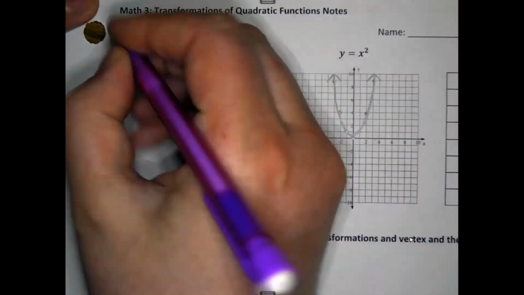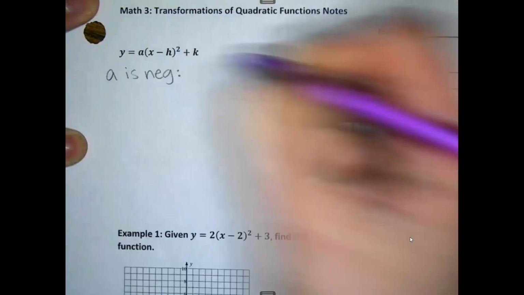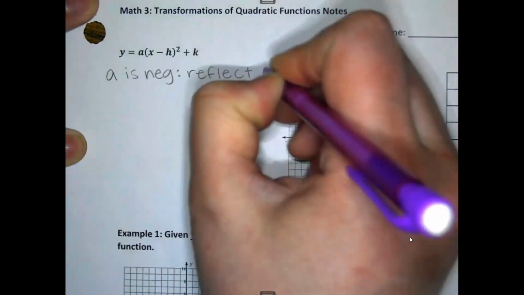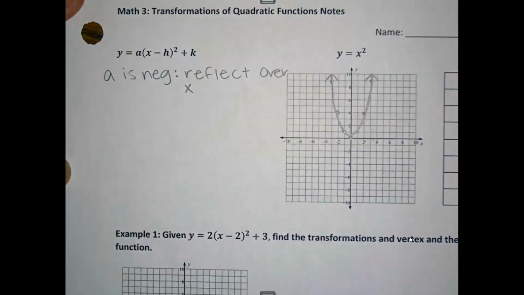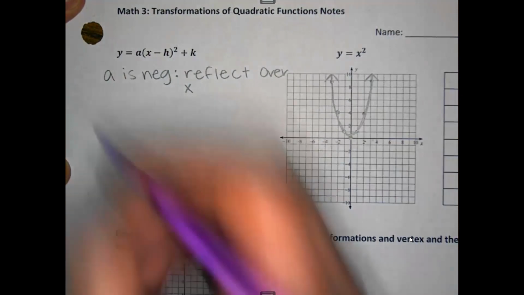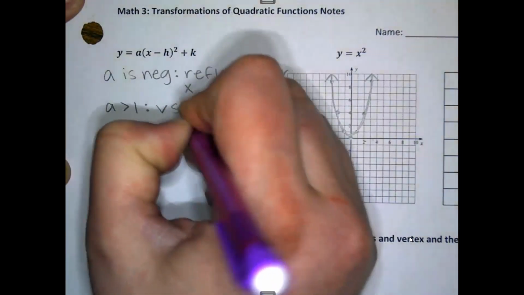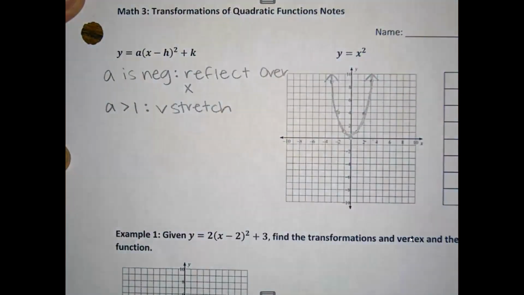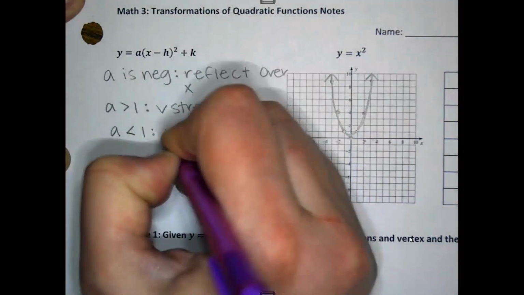So we're going to say, if A is negative, that means reflect over X. If A is greater than 1, that's a vertical stretch. If A is less than 1, that's a vertical compression.